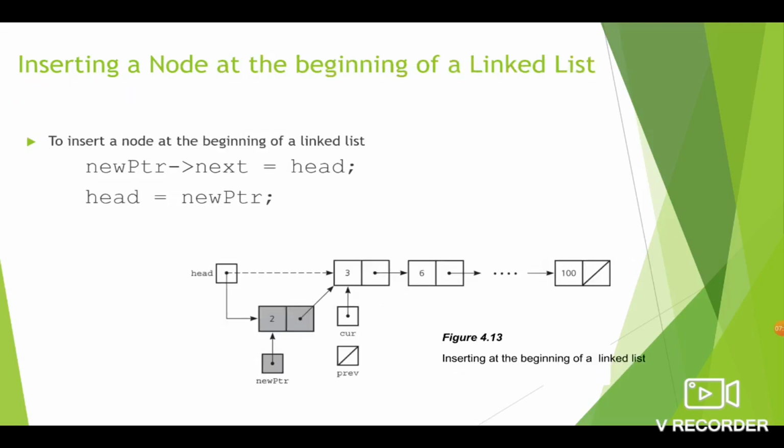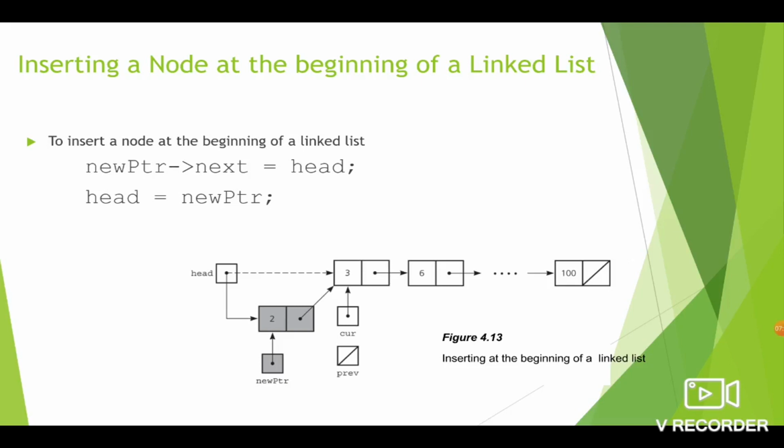Suppose I want to insert the new node at the beginning of the linked list, then how can it be done? We know the head pointer always points to the first node. Since the new node is the first node, now the head pointer should point to the new pointer and the new node next pointer is pointing to the previous first node.